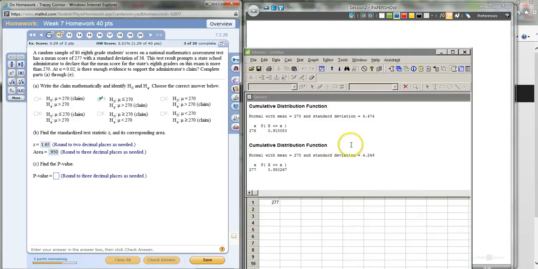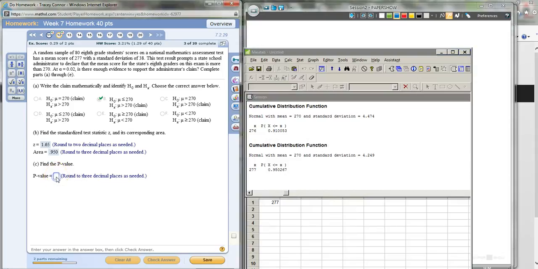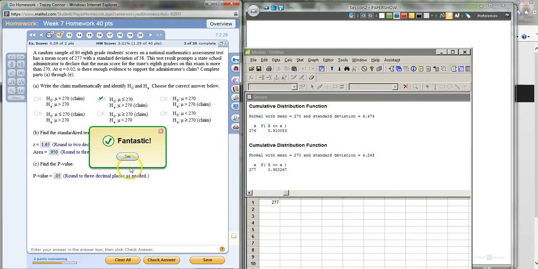So we can go ahead and use Calc, Probability Distribution, Normal Distribution, and then Cumulative to find the area to the left. But we're actually looking for the p-value, which is going to be the area to the right. So you're going to take 1 minus the 0.95, and you're going to get a p-value of 0.05. And we'll check our answer.